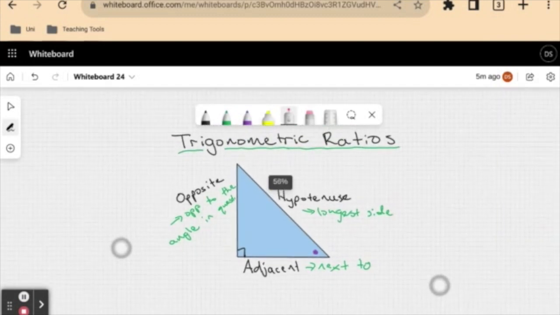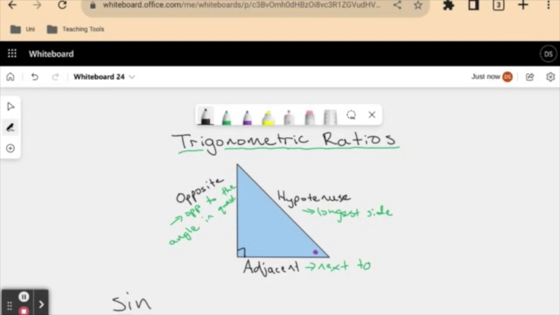So there are three of these, which I'm going to write. One of these we call sine, another cosine, or cos for short, and we have tangent, or tan for short. Now, these all are used to describe the ratio of sides to one particular angle in question.